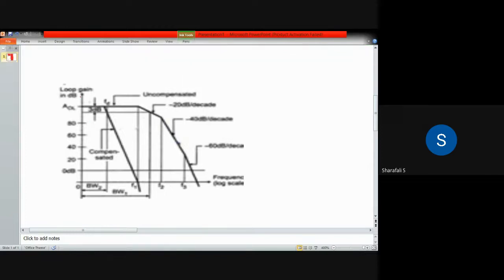So this axis represents ACL. ACL means closed loop gain, or you can write it as AF, or you can put it as ACL in the closed loop.